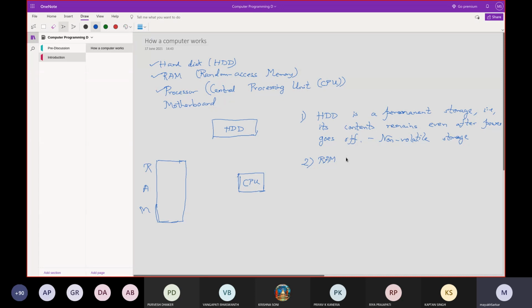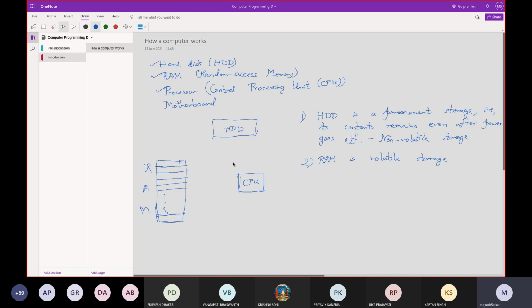So RAM is volatile storage. You can consider RAM like a bookshelf. Each row contains some information.